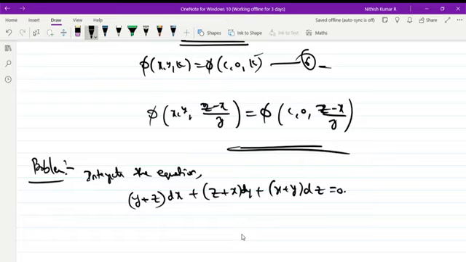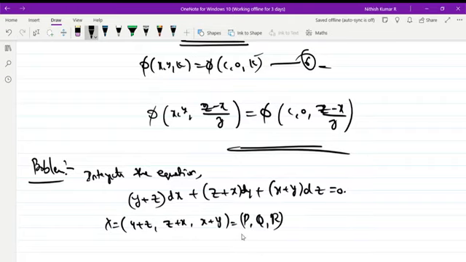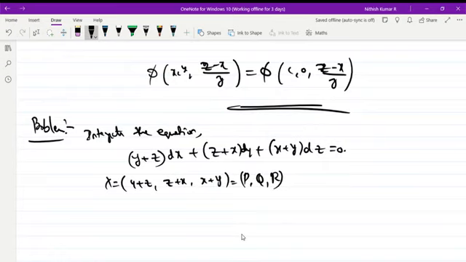Now verify it is integrable. So (P, Q, R) is nothing but (y + z, z + x, x + y). Now put z = x + ky, and then we get this equation 1.